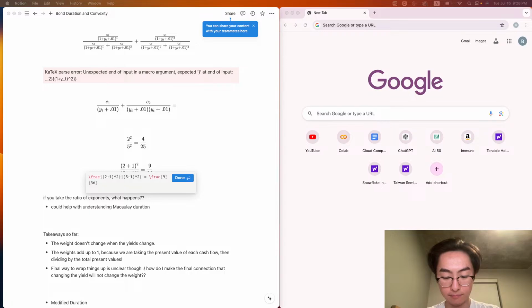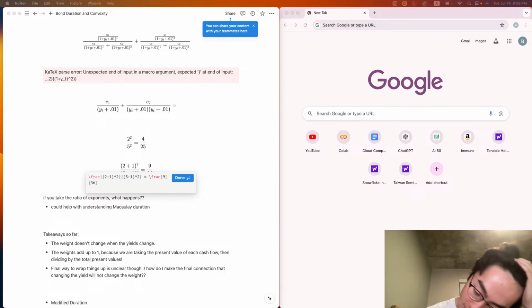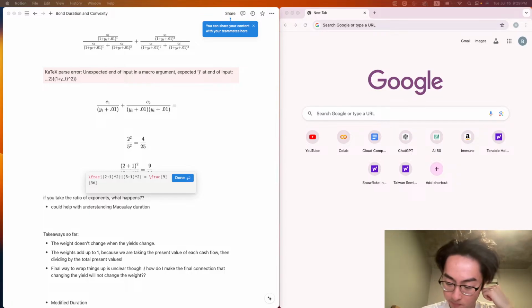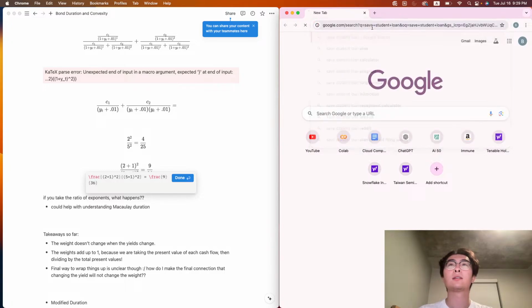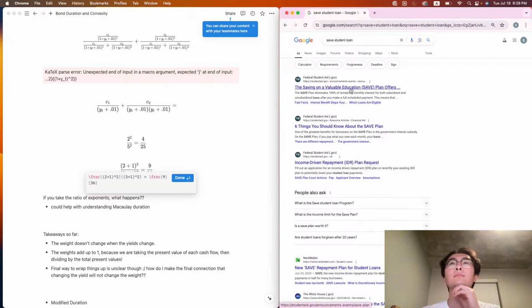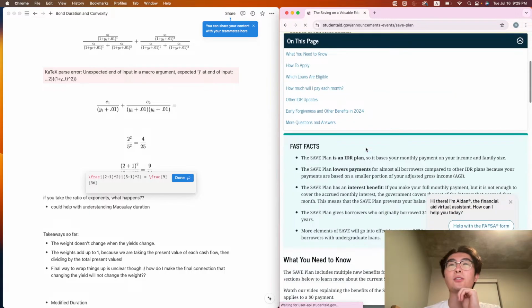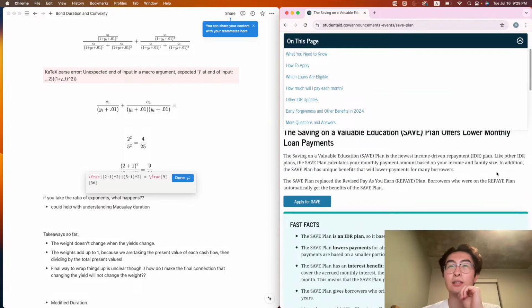You know anything about the SAVE plan, the new student loan repayment plan? No, I don't know anything about student loans. What about it? I just wanted to see if you know anything about it, because it seems too good to be true. Well, it is done by the government, right? So, unless the government is trying to scam you.